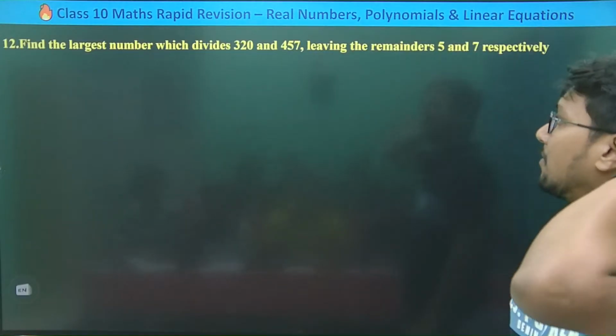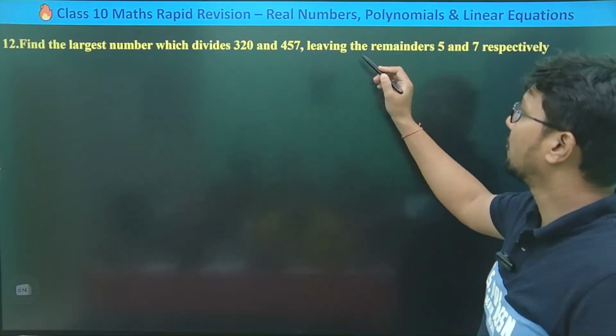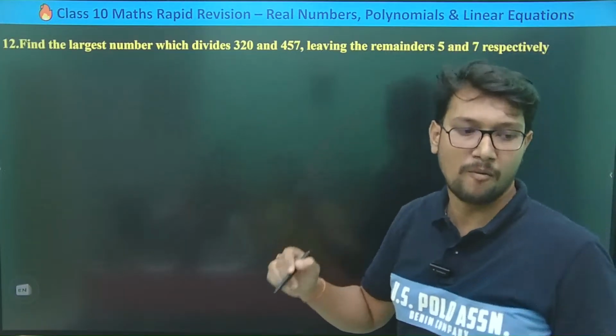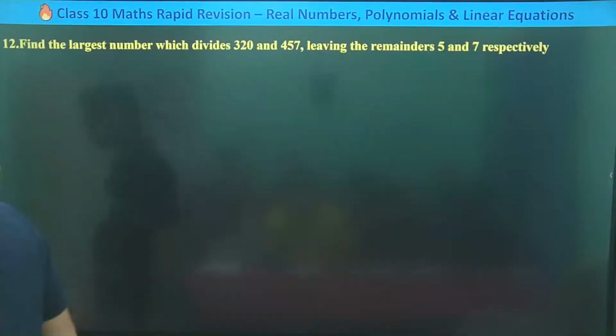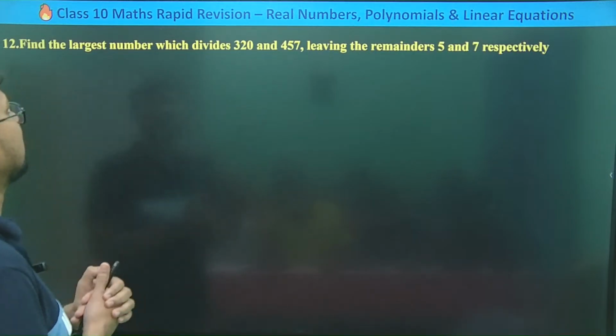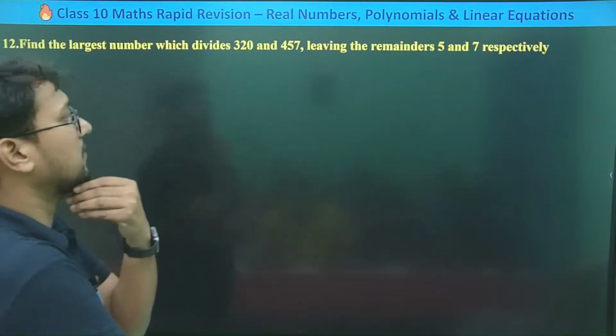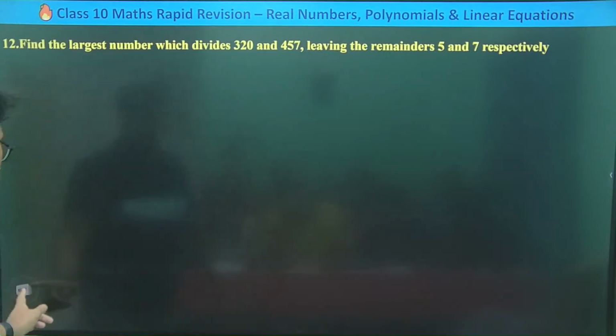Find the largest number which divides 320 and 457, leaving the remainder 5 and 7 respectively. What do you have to do?